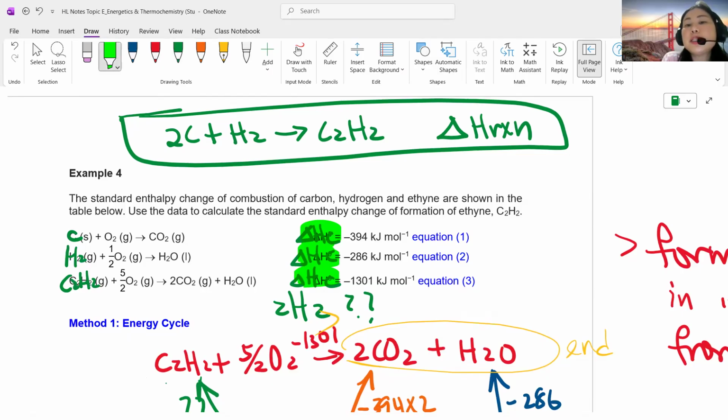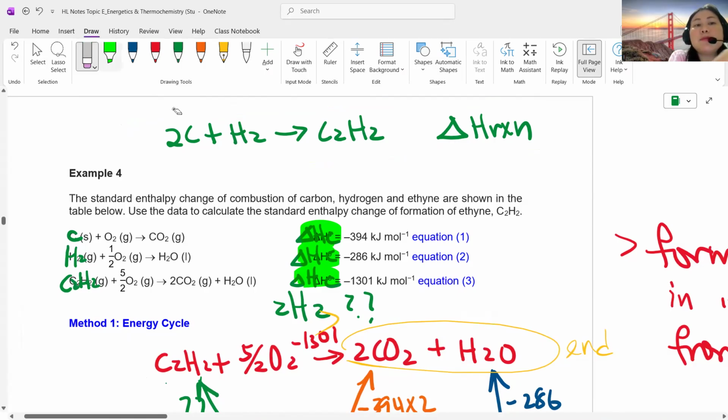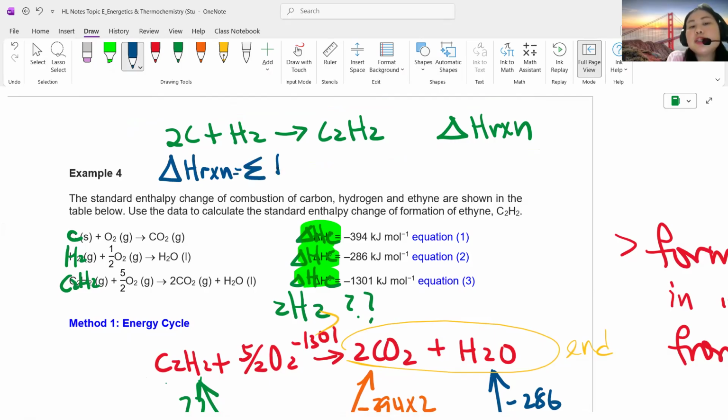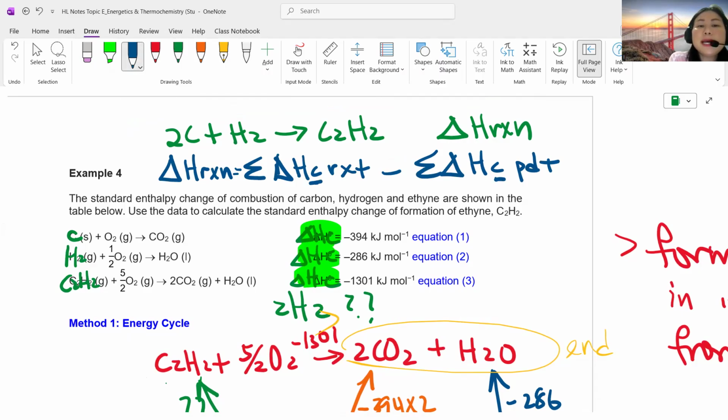I'm using combustion data, so the mathematical formula will be the sum of HC of reactants minus the sum of HC of products. The reactants are carbon and hydrogen, and the product is C2H2.